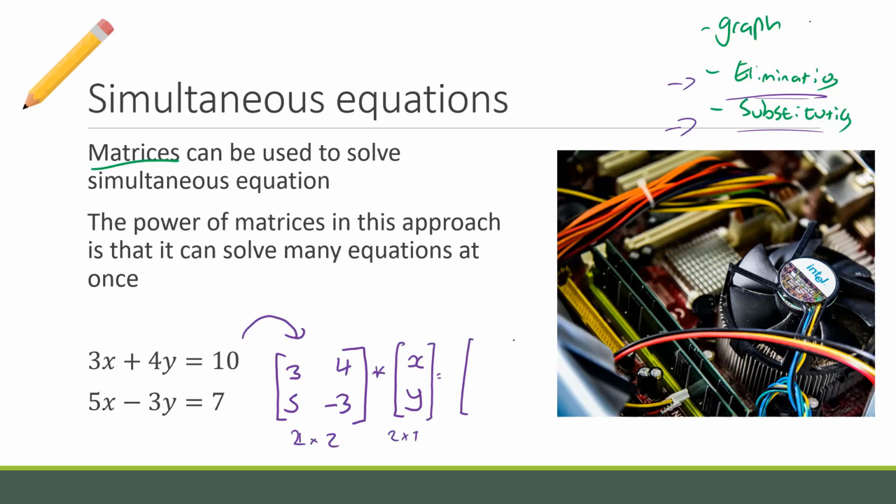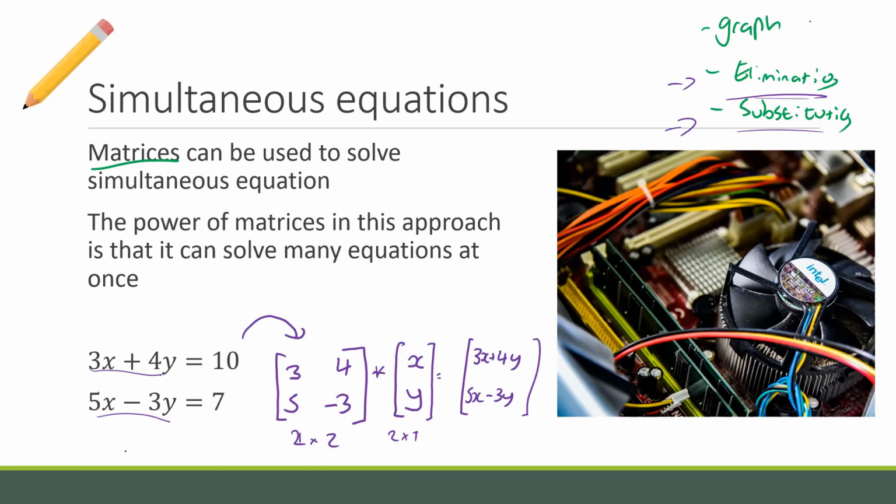That matrix would be 3 times x plus 4 times y, and it would also be equal to 5 times x minus 3 times y. Can you guys see that by multiplying these two matrices together, I get back to these two sides of the equation?